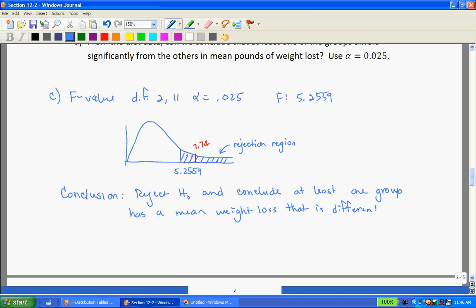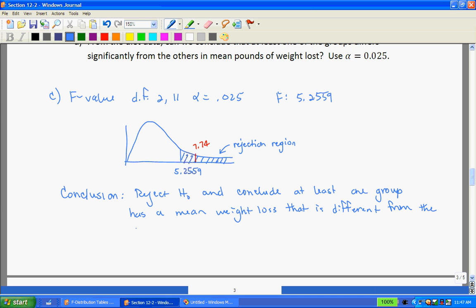So even if in your homework you're not asked to make a statement about rejecting or failing to reject the null hypothesis and then making a conclusion, make sure you get in the habit of that for a written exam, because you want to be able to write out what your conclusion is. So here we reject H0 and conclude at least one group has a mean weight loss that is different from the others.